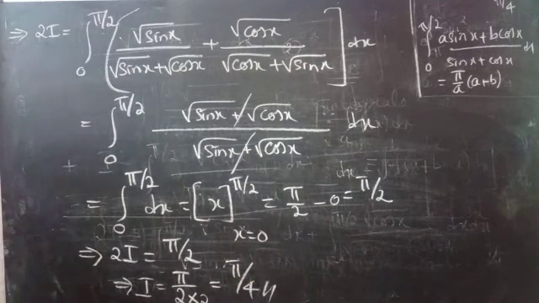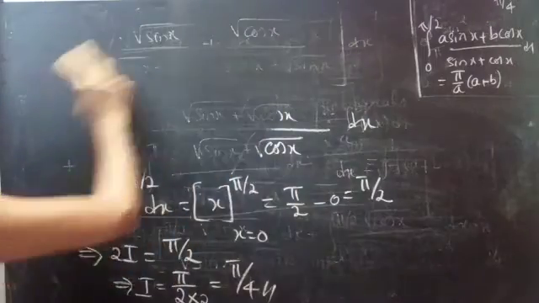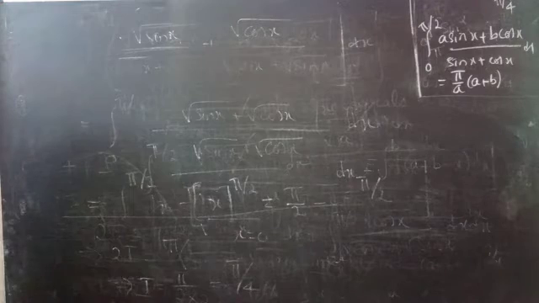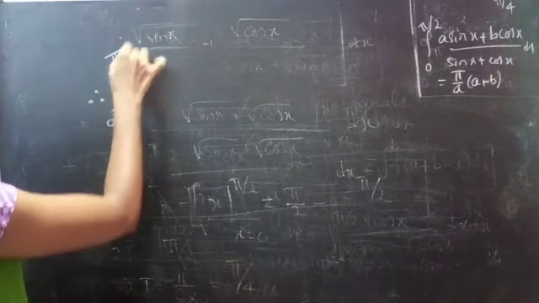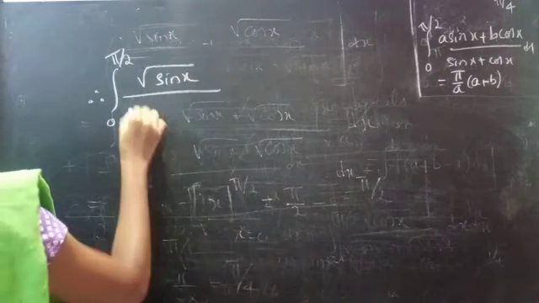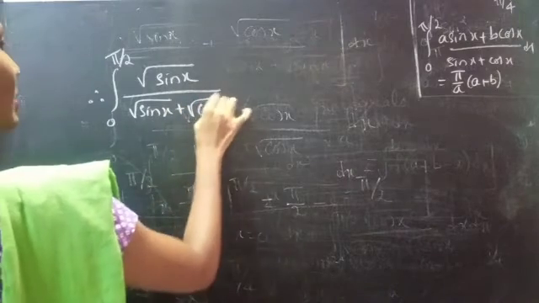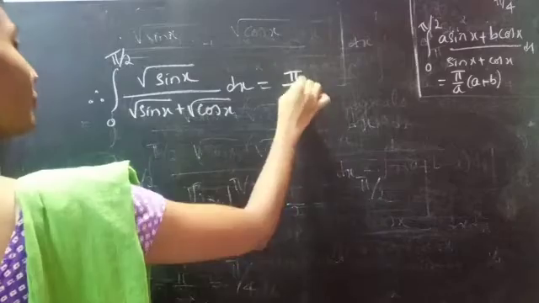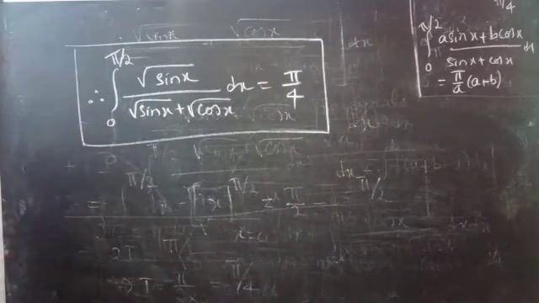So this is the answer. Therefore, integral 0 to pi by 2 root sin x by root sin x plus root cos x dx equals pi by 4. This completes the first problem.